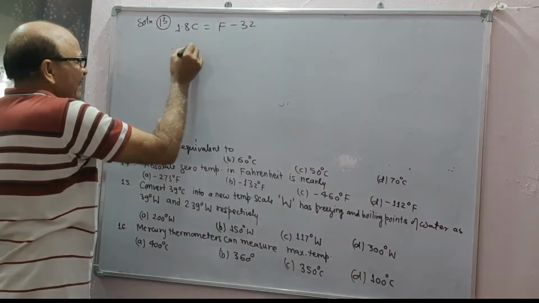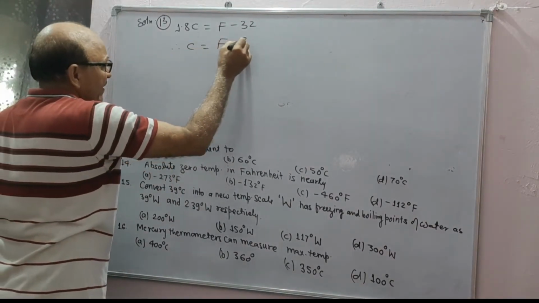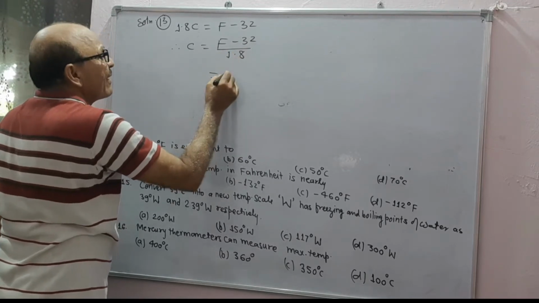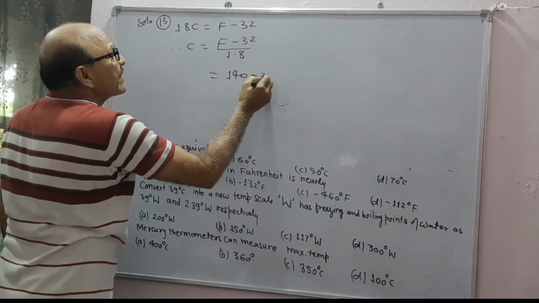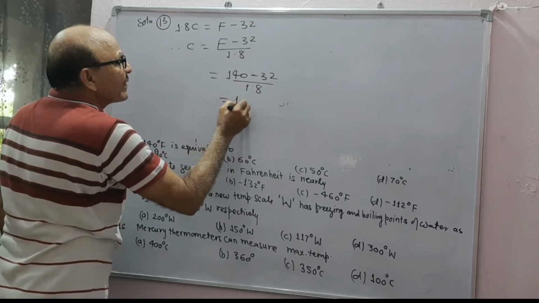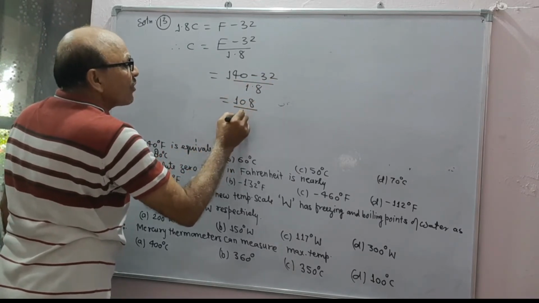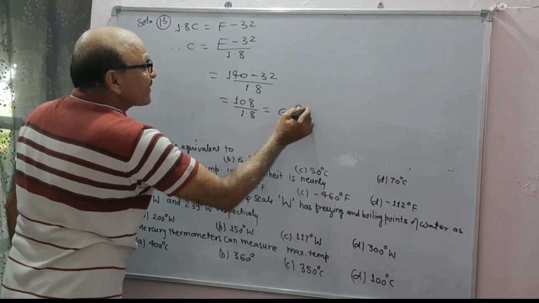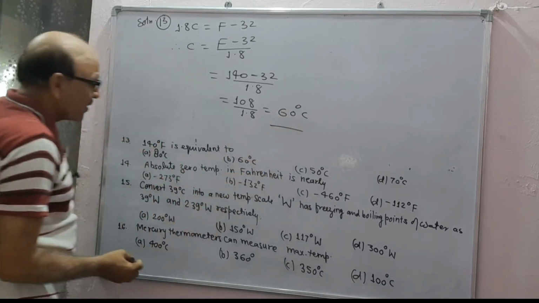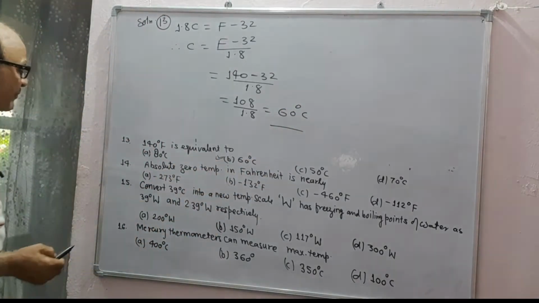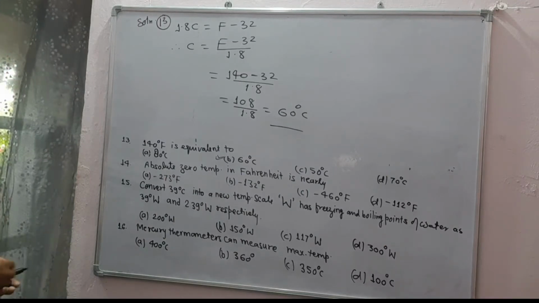Therefore, C will be equal to F minus 32 upon 1.8, which is 140 minus 32 upon 1.8, which is 108 upon 1.8, that is 60 degree Celsius. So the correct option will be B.